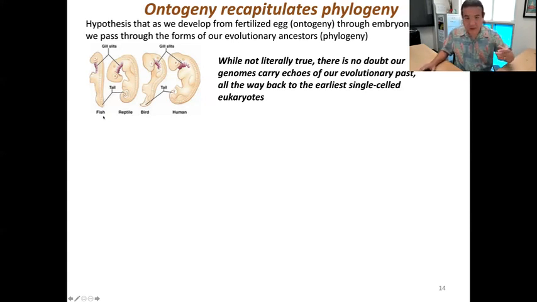Because I think you're probably aware that if you look at a human embryo early enough in gestation, as it's developing, it still maintains many of the same morphological features as things like birds, reptiles, and fish. For example, we still have tails that don't look much different than the tail of a bird embryo or a reptile embryo. We still have gill slits that look very much like the gill slits of fish.